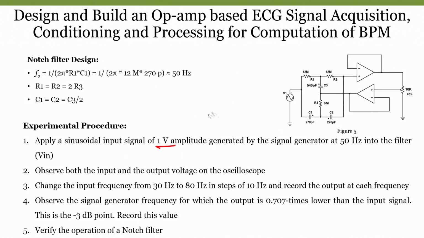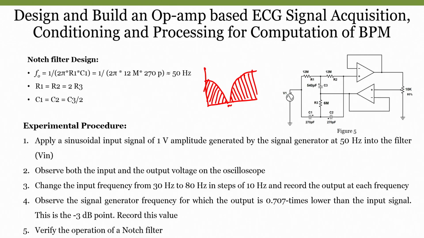Why is this called a notch filter? As we know, this is how the frequency response of a notch filter is represented. These frequencies will be completely allowed, as we have already seen in our other modules, and these frequencies are also completely allowed, but this particular frequency, which is the center frequency, or this particular band of frequencies, will not be allowed.